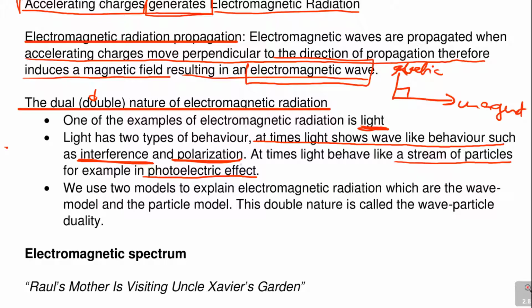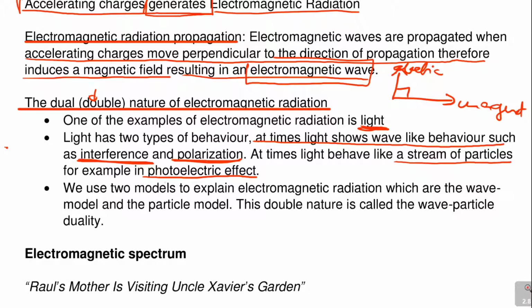That's what makes electromagnetic radiation unique, unlike the mechanical waves we looked at, the transverse and the longitudinal wave. Now this electromagnetic wave has a double nature: it behaves like a wave, and at the same time it behaves as if it is a stream of particles.